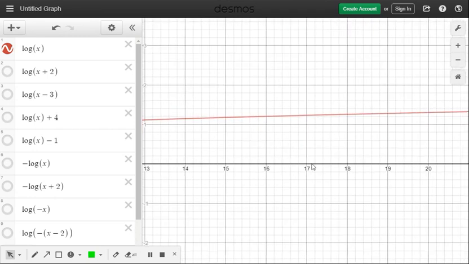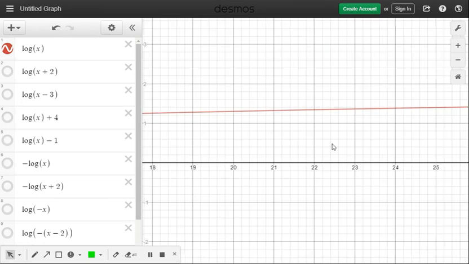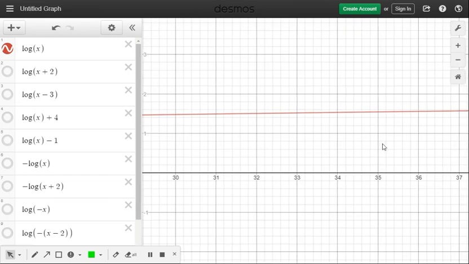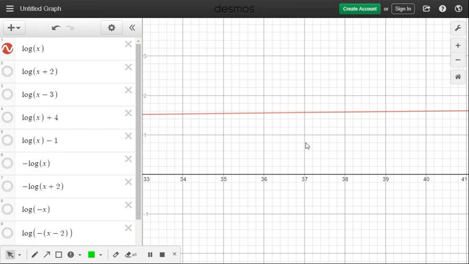As the x value is increasing, the y value is slowly increasing. Versus with exponential function, the y value increases dramatically while the x value is slowly increasing. So it's the opposite for a log function.